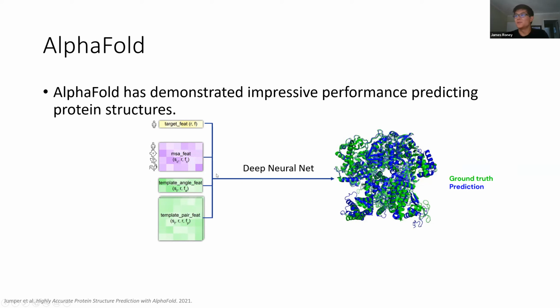All of this information is then passed through a deep neural network with lots of fancy features. And the output is a 3D protein structure that we hope gives good agreement with the experiment, as is the case in this example.